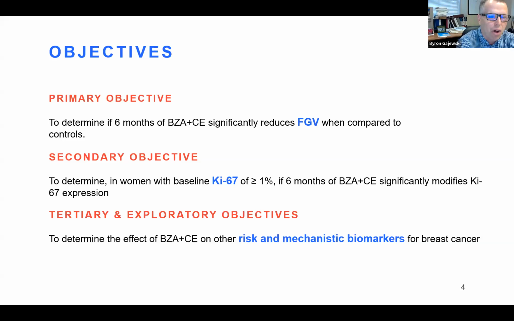Now we're bringing in a control, and you can think of randomizing the participants to one of the two arms. The secondary objective is to see if Ki-67 is dropped when compared to control. And this is only among participants that have a baseline Ki-67 greater than or equal to 1%. So it's potentially a subset. And then we have tertiary and exploratory objectives with other risk and mechanistic biomarkers.